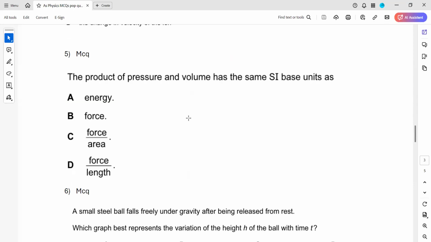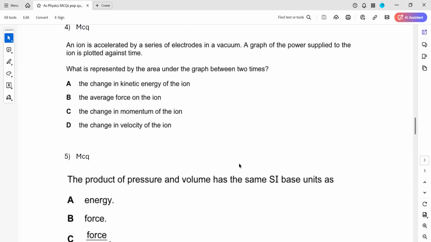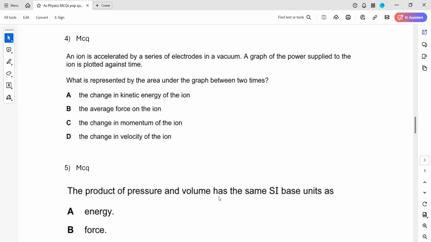Question 4, 5, 6, any doubt? Question 4, I guess. Yeah. Question 4. Look, remember one thing: when we take a gradient, the gradient is quantity on y-axis divided by quantity on x-axis.